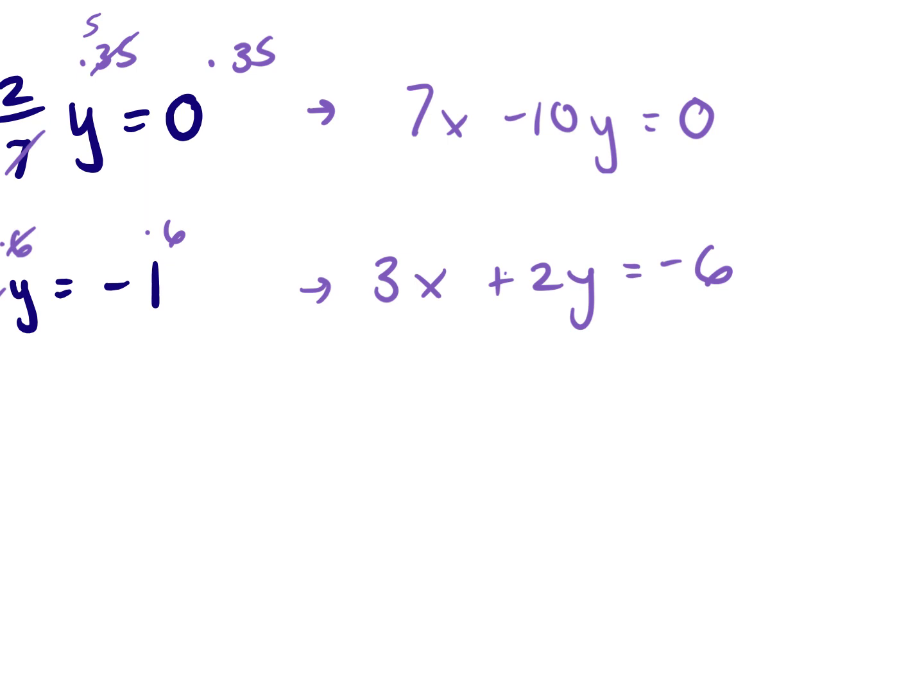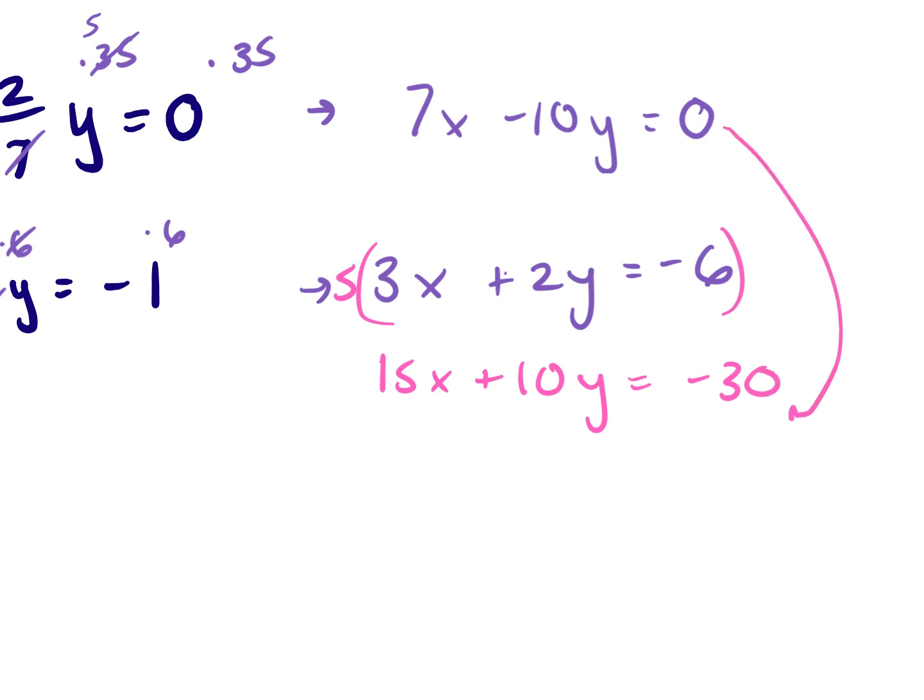What would you want to do to solve next? Awesome. I'm going to multiply the bottom one by 5. That way our y's can cancel. So this would be 15x plus 10y is equal to negative 30. I'm going to rewrite the first one right below it, just to make it a little bit easier for us to add them.